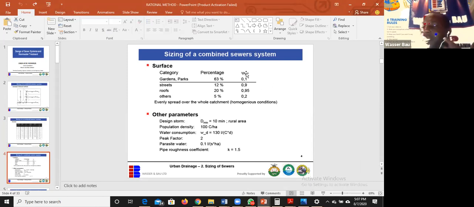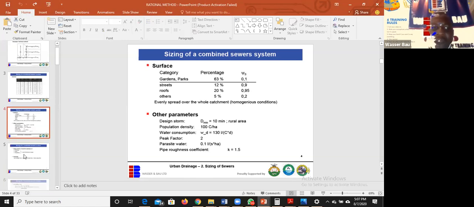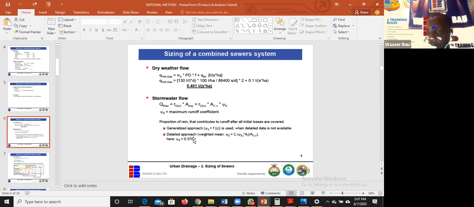We took their respective peak runoff and calculated the average of it. That gave us this. So this is the formula we're going to be using: rainfall intensity times the impervious area, which if broken down means rainfall intensity, which is a function of duration and frequency, multiplied by the peak runoff.